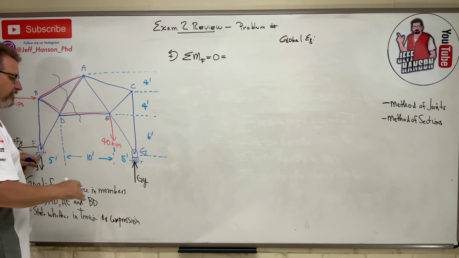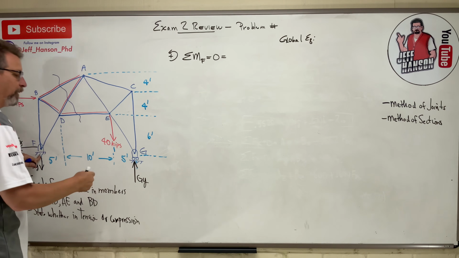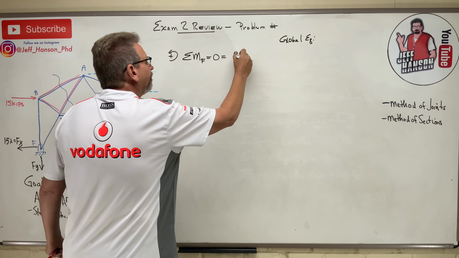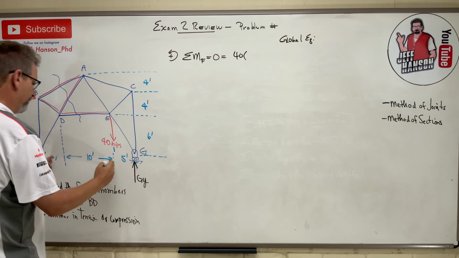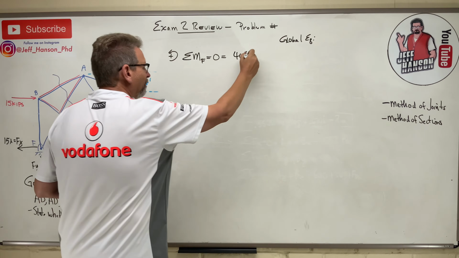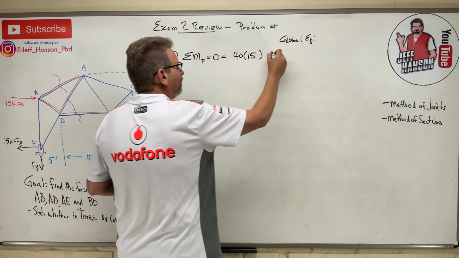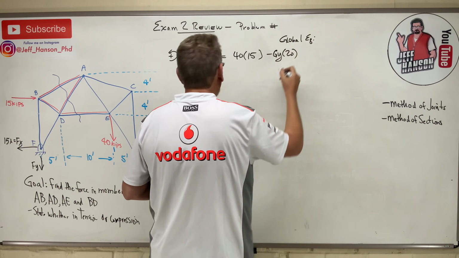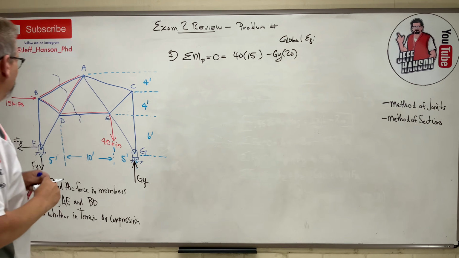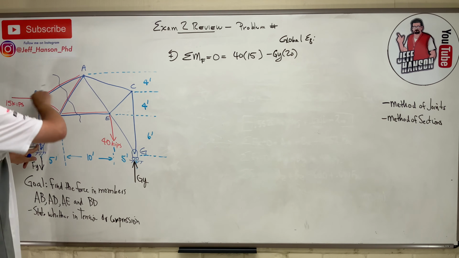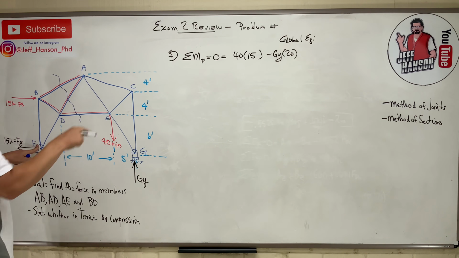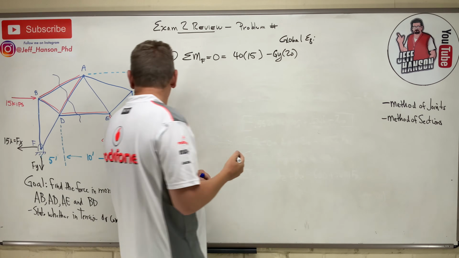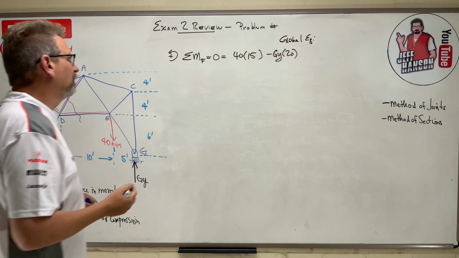If I take the moment at F, I got the 40 rotating me positive times 15 away minus GY times 20 away. And then I've got this 15 up here, which rotates me negative, right?